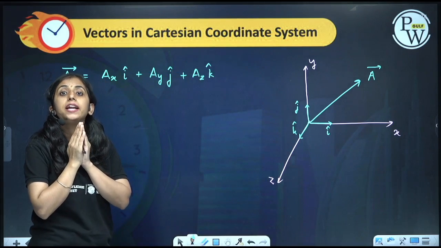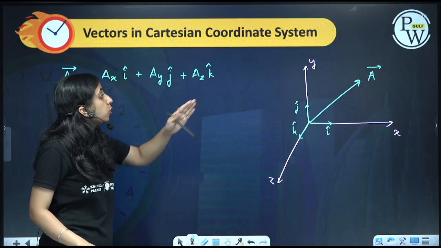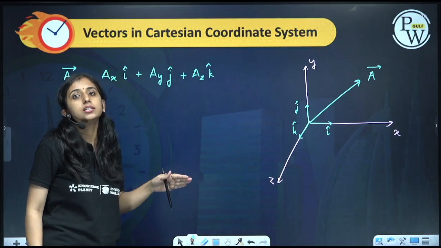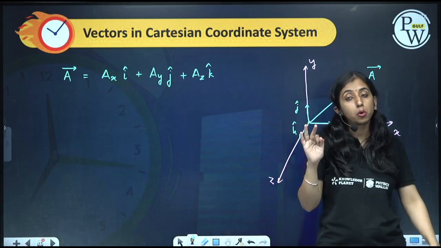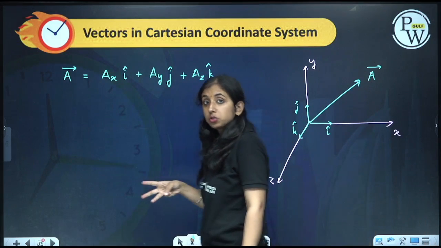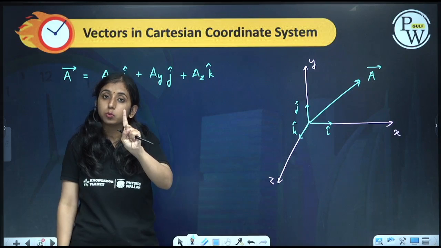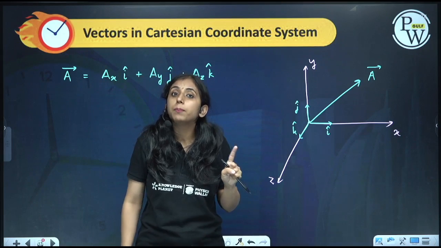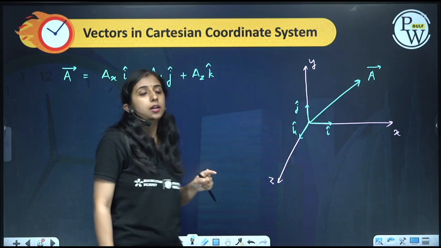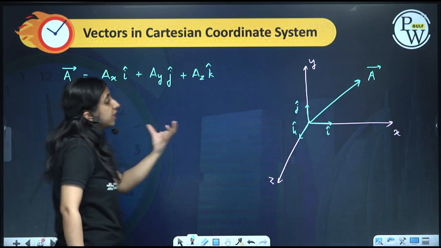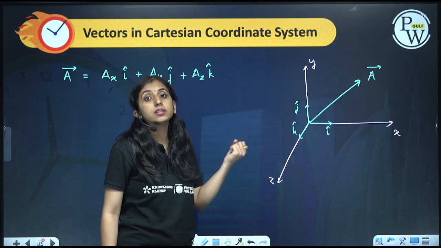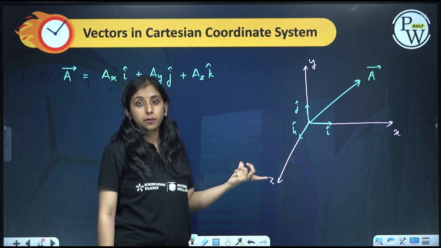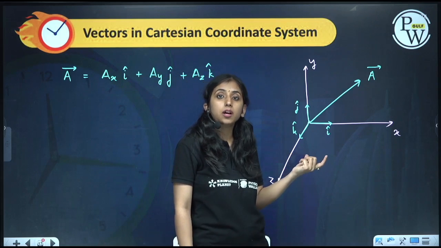We have defined three unit vectors to show the three mutually perpendicular directions. These vectors have magnitude 1 and they are perpendicular to each other. These are called orthogonal vectors.